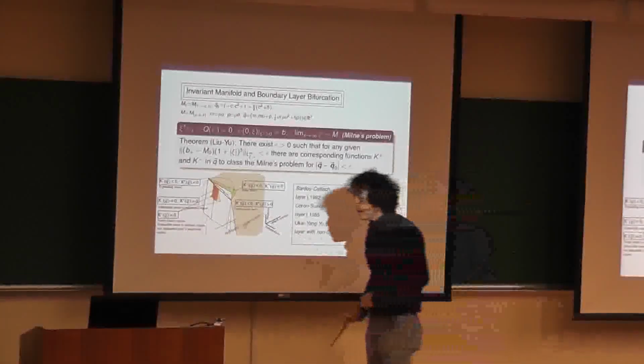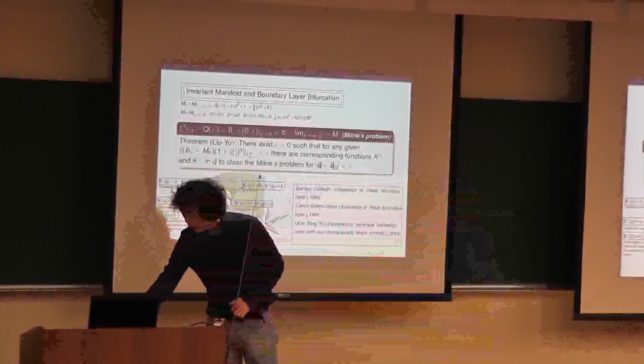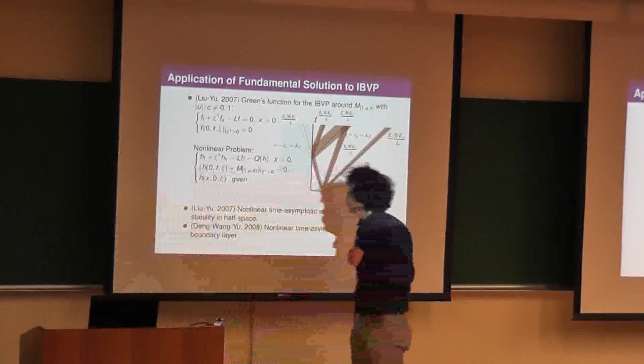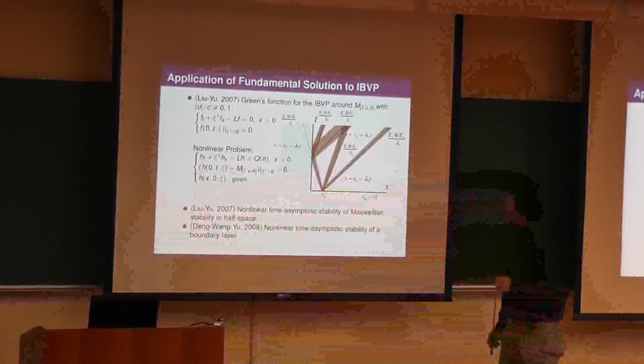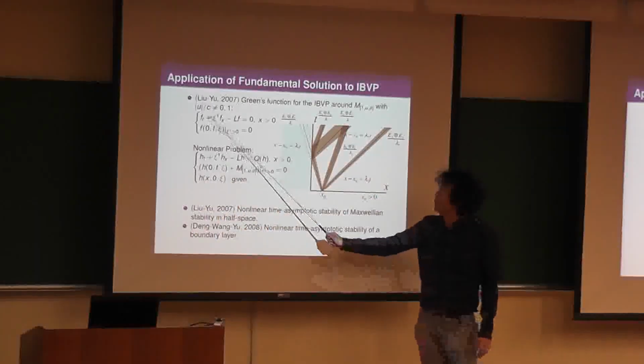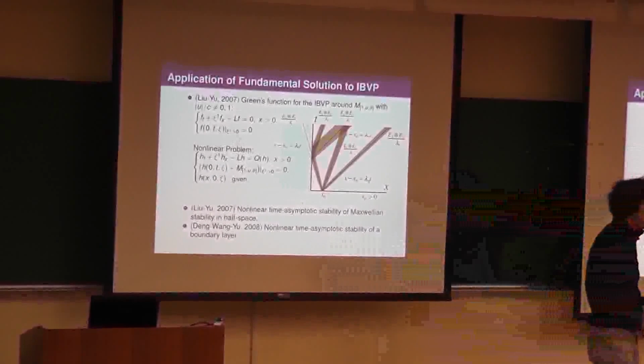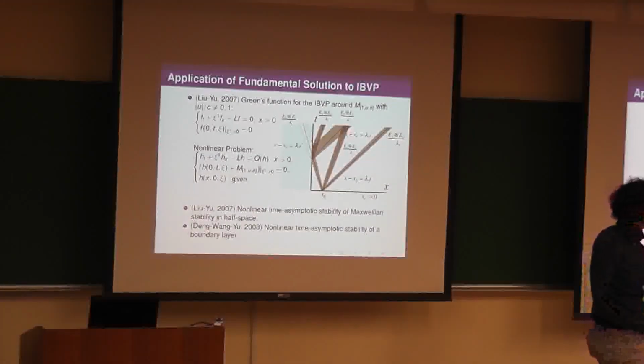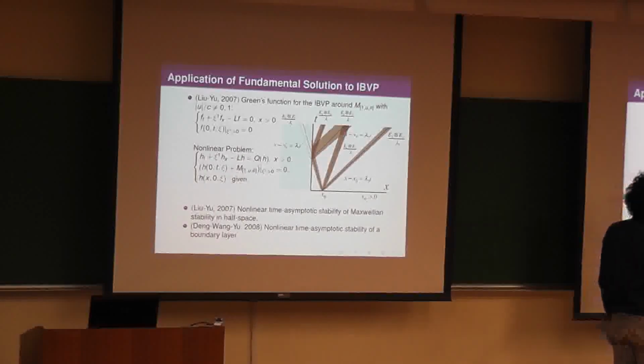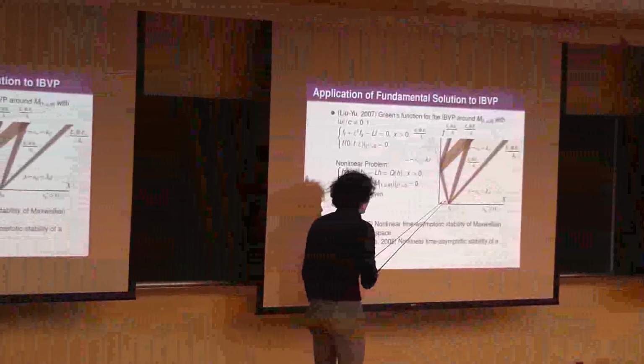And now the other application of this Green's function: you can use this to study the time-dependent problem, because your Green's function was devised for the boundary problem. So this is quite routine. You can use the Green's function to show the linear stability of the Maxwellian state in the half space.